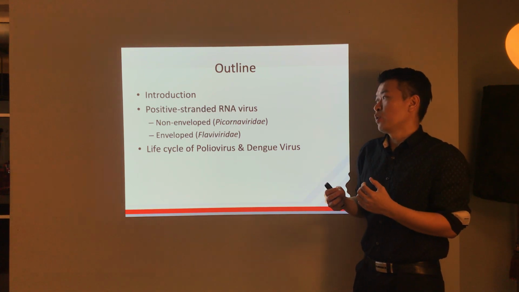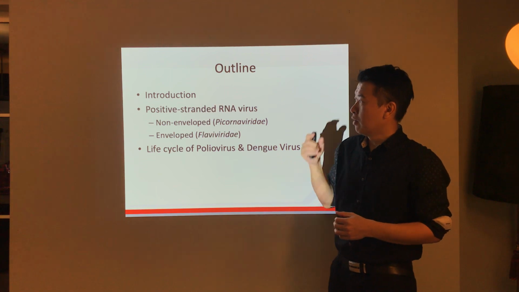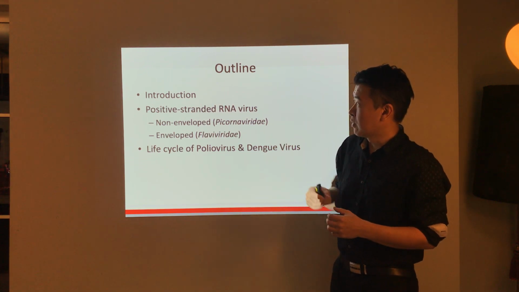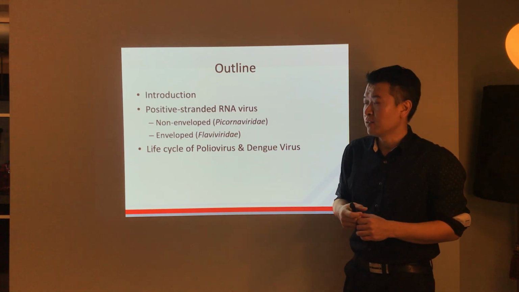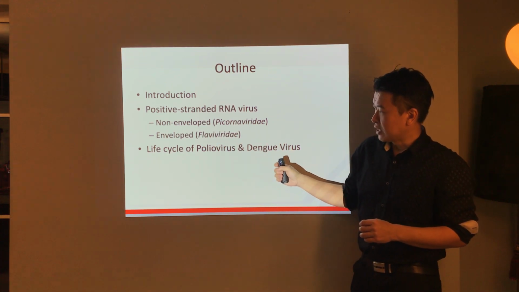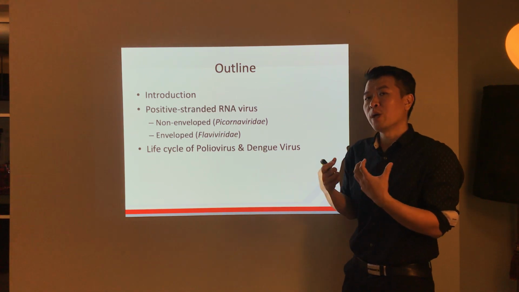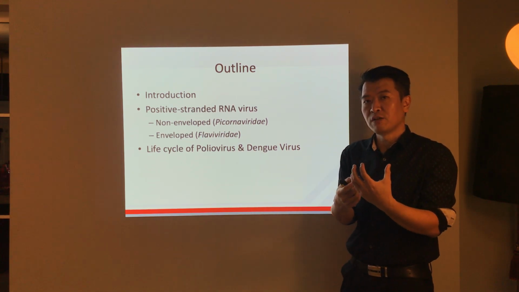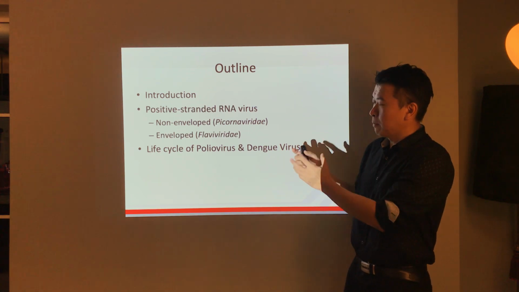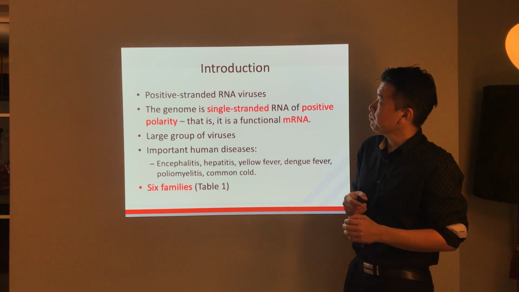Then we're going to study in detail the life cycle of a selected virus: for Picornaviridae, we have selected poliovirus, and for Flaviviridae, we have chosen dengue virus. Once we understand the life cycle in detail, you'll be able to apply this to the rest of the viruses, as I mentioned earlier.